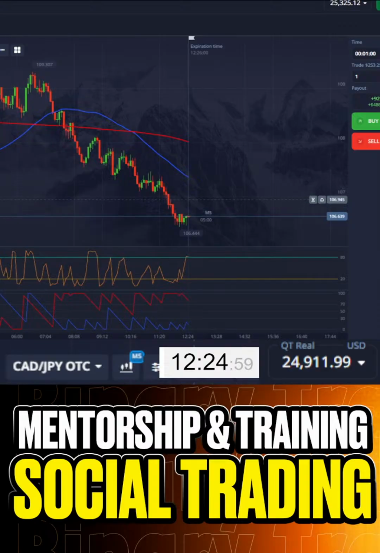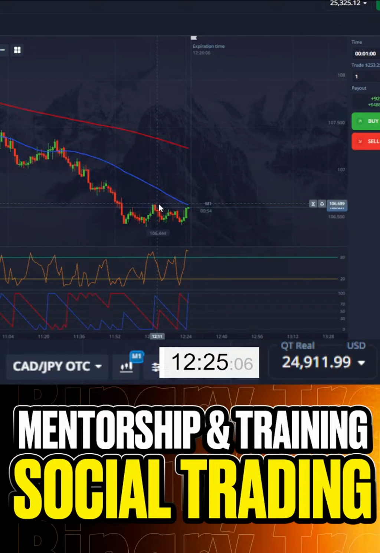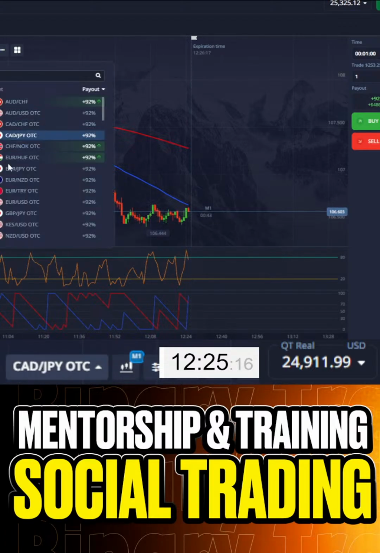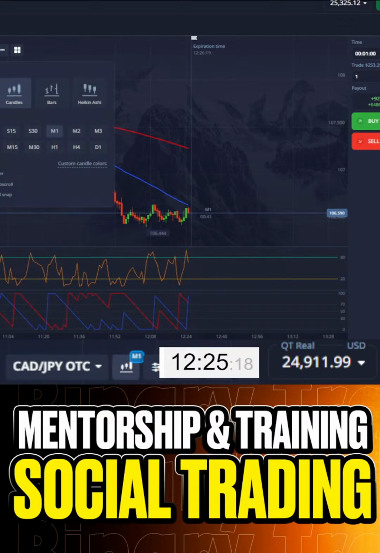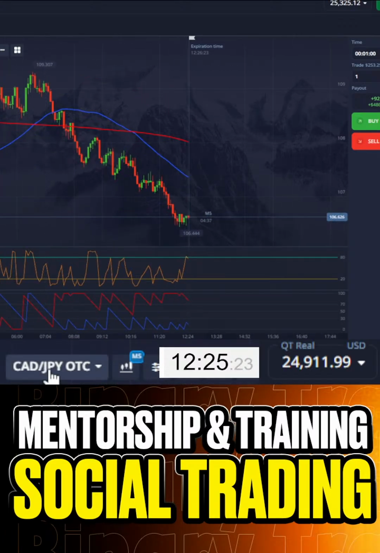Maybe the trend will reverse here, but we don't know exactly, because we see that this level is not broken, and right now the price should go a little bit down. Okay, let's set 5 minutes, and let's go.